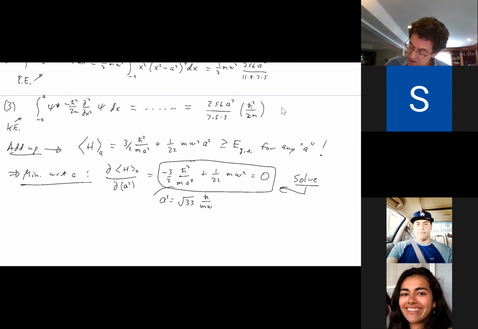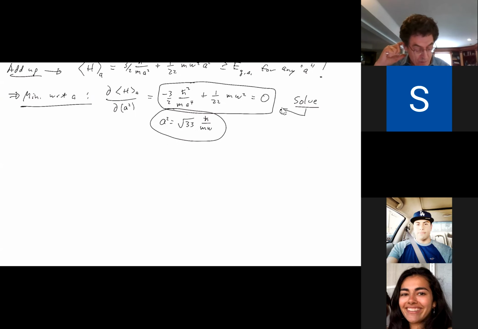And now I got this weird thing, a squared equals this, square root of 3, blah, blah. What do I do with it? Plug back into the expectation value. Exactly. Plug back into the expectation value. That's exactly right.